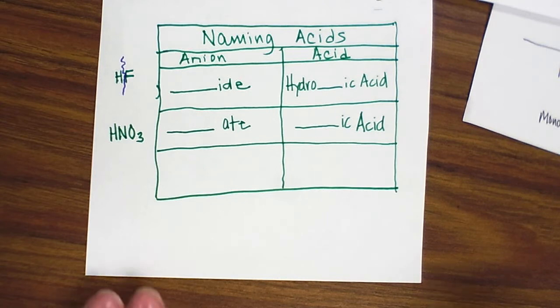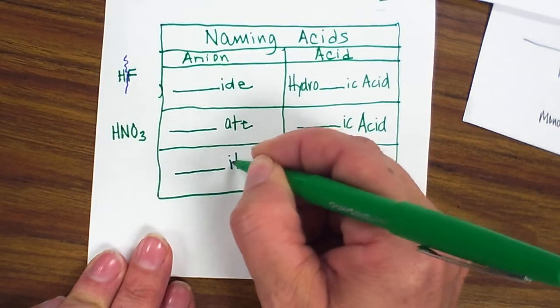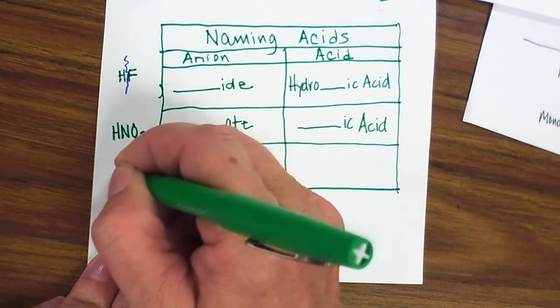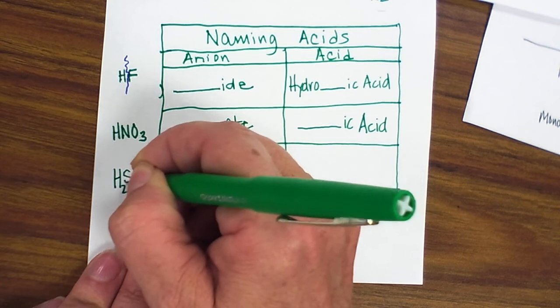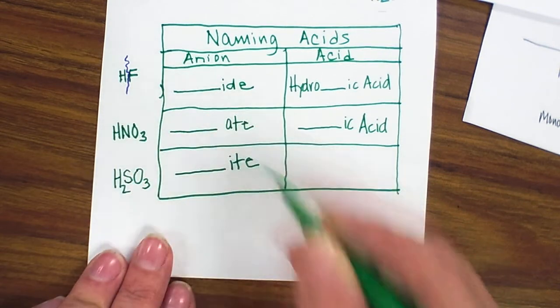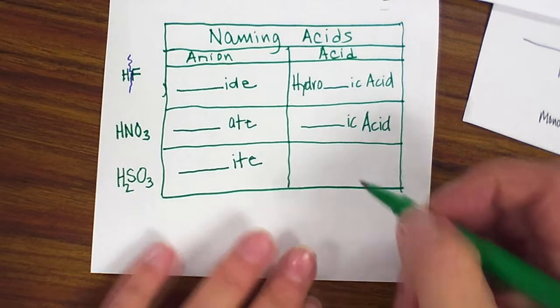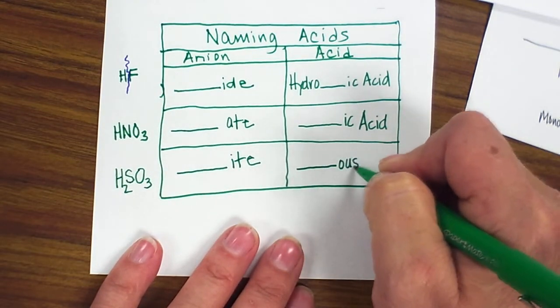Okay? What if it ended in ITE? So instead we have H2SO3. So I look up SO3 and I see that that is sulfite. Sulfite. So then we would call it ous acid.